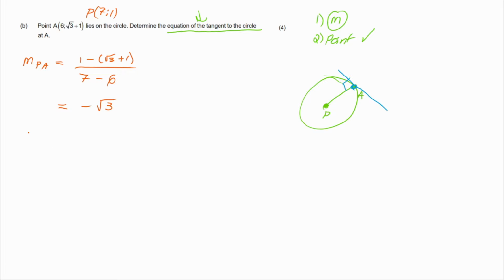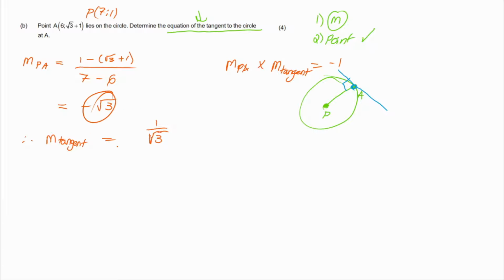Therefore, the gradient of the tangent is going to be equal to the negative inverse, which is 1 over root 3. You can apply that: the gradient of PA times the gradient of the tangent is equal to -1.